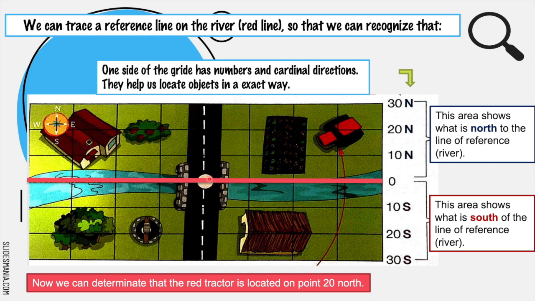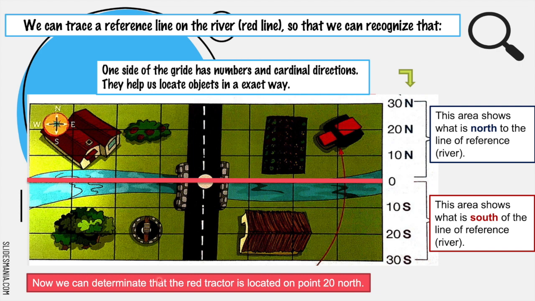And the river will help us to locate objects easily. On this part of the grid, we will find two cardinal directions. We have north, which is up from the river, and we have south, which is under the river.